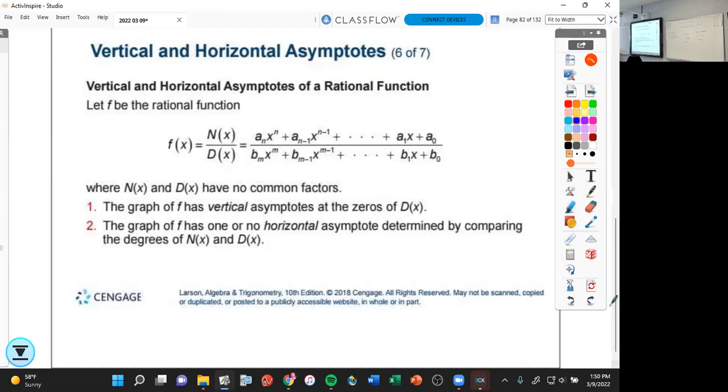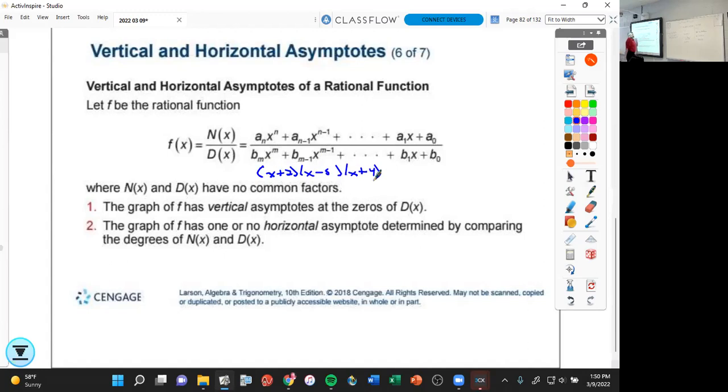How many vertical asymptotes can a rational function have? How many vertical asymptotes can we have? Any thoughts? We could have a bunch. If the bottom factored, let's say the bottom factored into x plus 2 times x minus 5 times x plus 4.